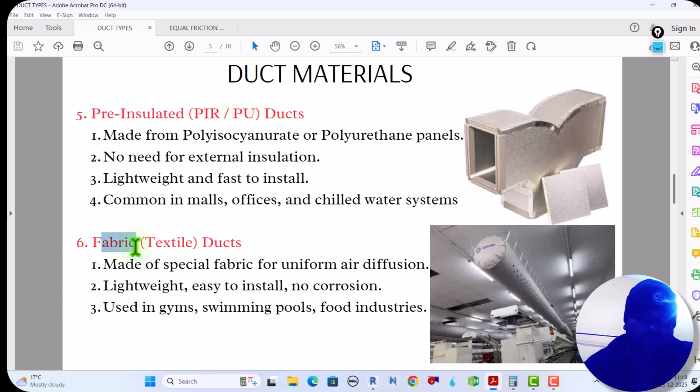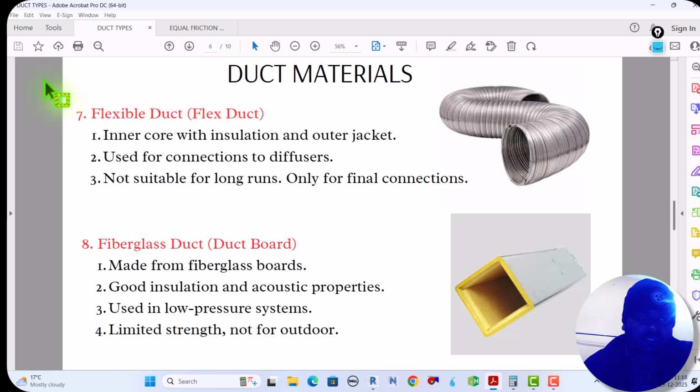The sixth one is fabric duct, which we often see in swimming pools and sometimes small supermarkets. The seventh one is flexible duct, which we use to connect the air terminal. And the eighth one is fiberglass duct.